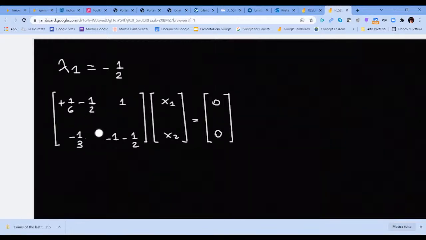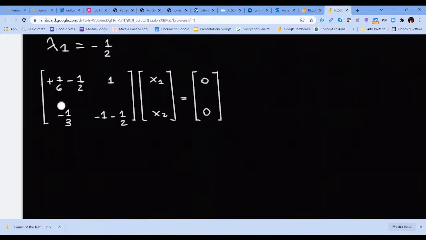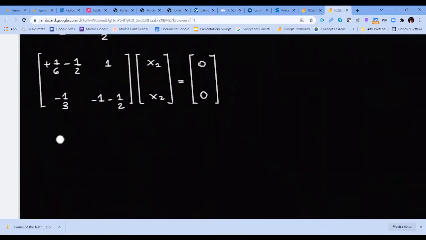We solve this equation and we find the values for x1 and x2. So 1/6 minus 1/2, it is 1/6 minus 3/6, is minus 2/6, so minus 1/3.